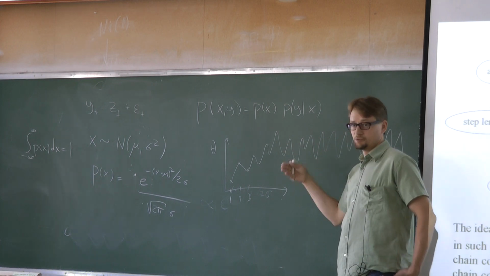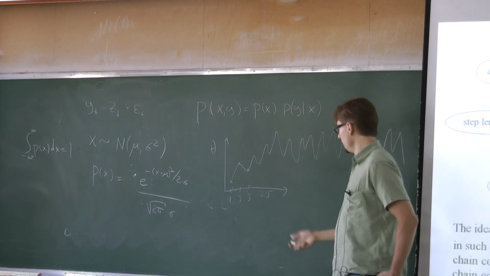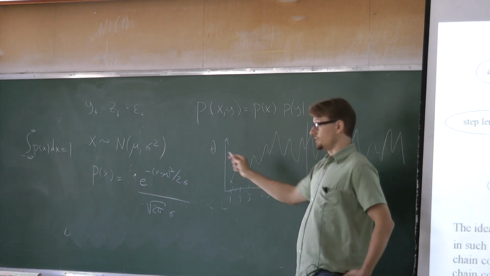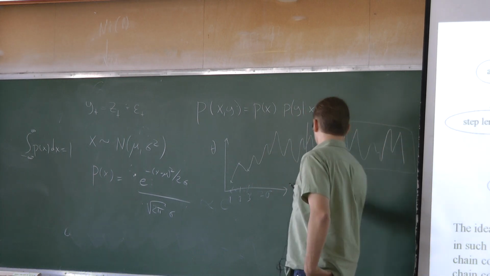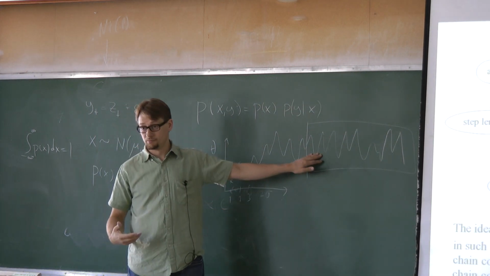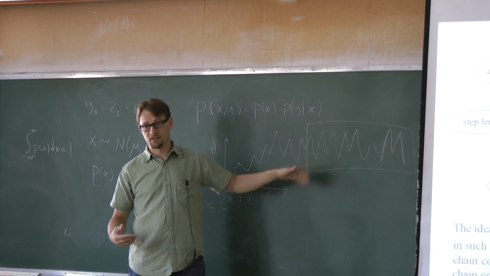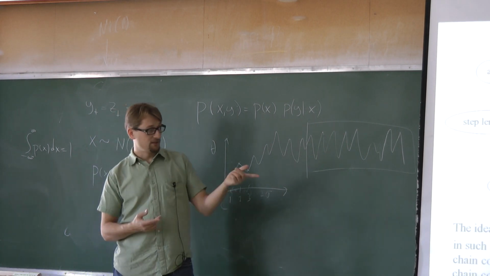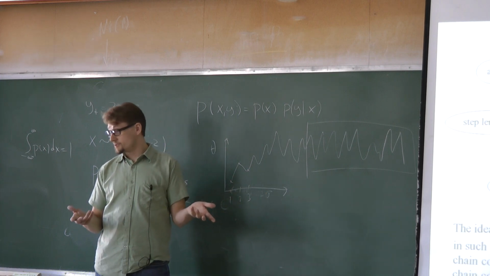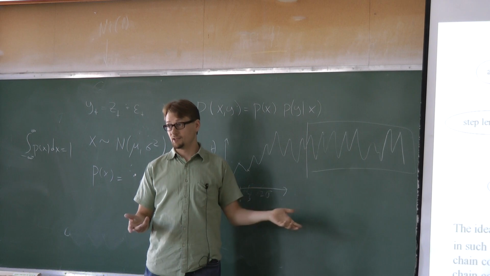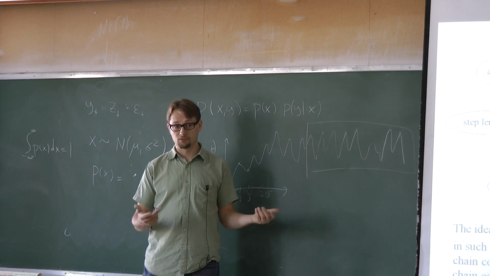But it converges to a stationary distribution, meaning that at long times, if you drop what happened initially, the statistical properties don't change anymore. Okay? That's the stationary distribution. And as said, it's possible to construct the Markov chain in such a way that this stationary distribution is exactly the same as the posterior distribution that you are trying to sample.